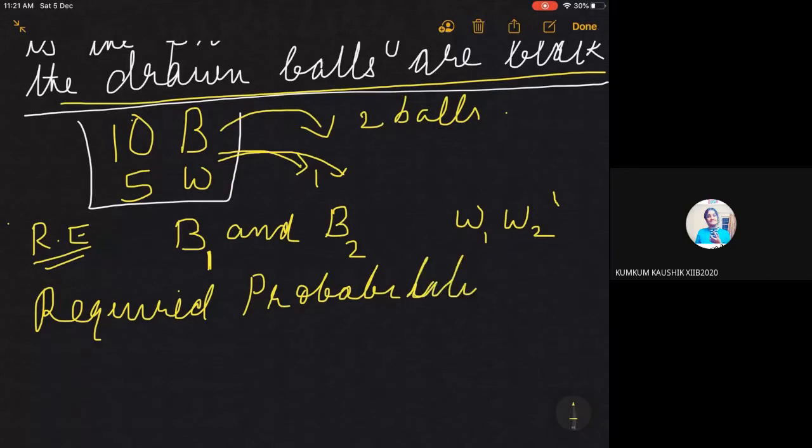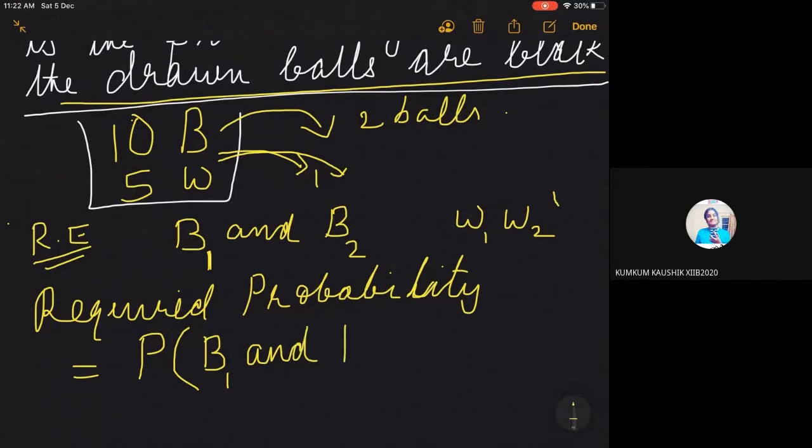So the required probability equals the probability of the first ball drawn being black, which I am putting as B1, and at the same time the second ball drawn is also black, provided B1 has happened, because we are not putting it back.